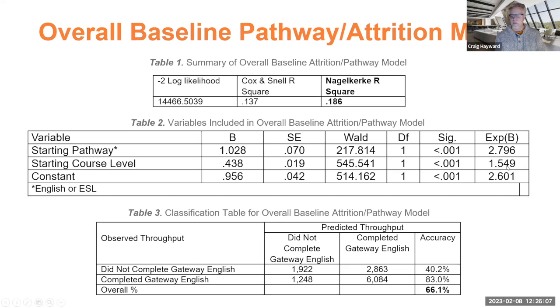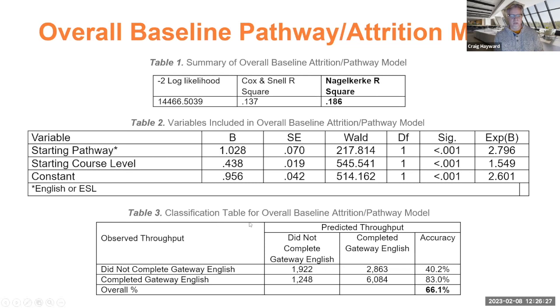For every level above the lowest level that the student starts in the pathway, they're 1.549 times more likely. So you could just kind of round, say 2.8, 1.5. And so that's the base model.